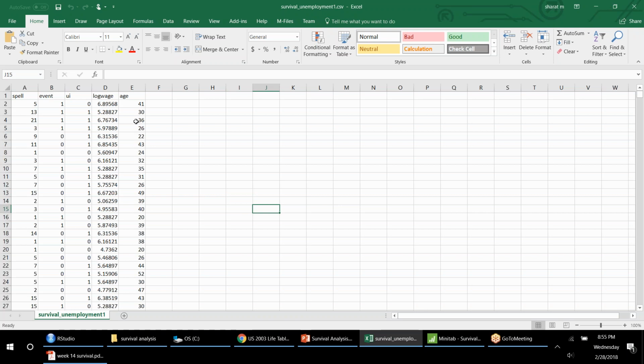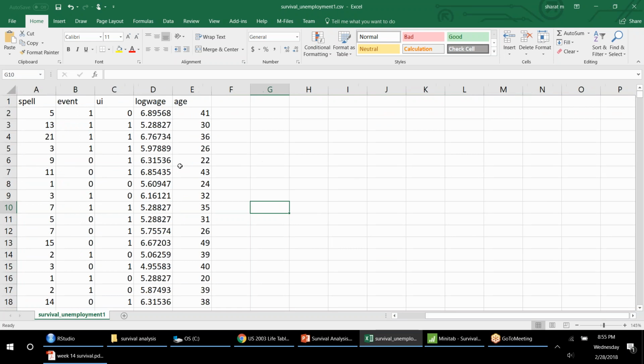Again, we are looking into that unemployment example here, where I have spell. Spell is nothing but the time, the dry spell. Event is whether the employment is obtained or not, whether the person is getting employed or not. UI is the unemployment allowance, money given.